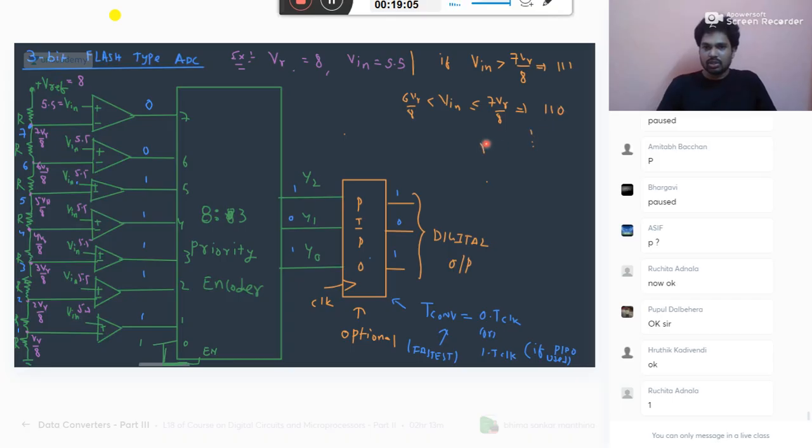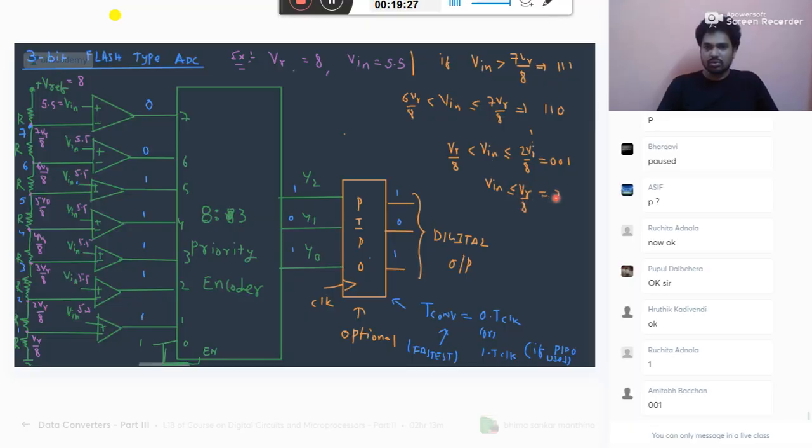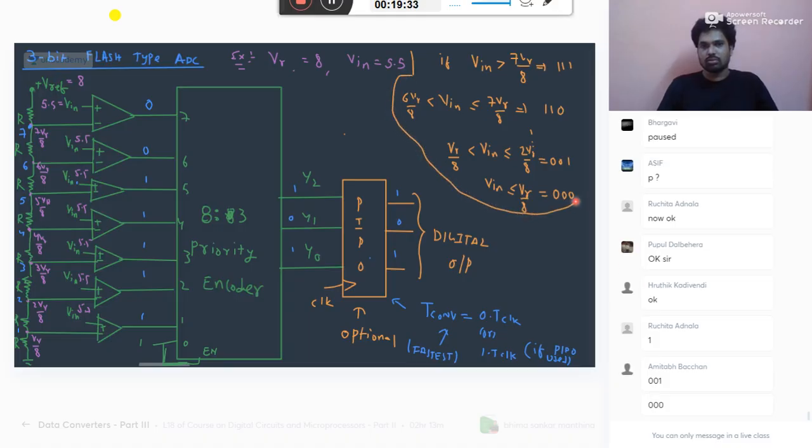Like that, if your input is greater than VR by 8 and less than 2VR by 8, then you get 0, 0, 1. Last case, Vin less than or equal to VR by 8, then you get 0, 0, 0. This is how it will work. So based on your input, if it is greater than 7, you get all ones, so you get 7. Is it okay?